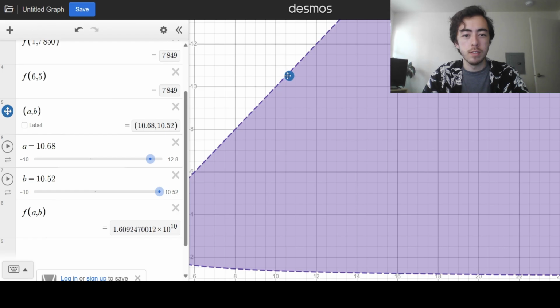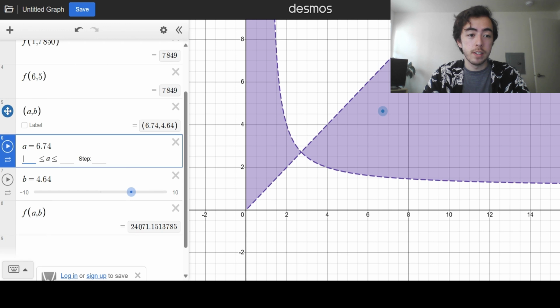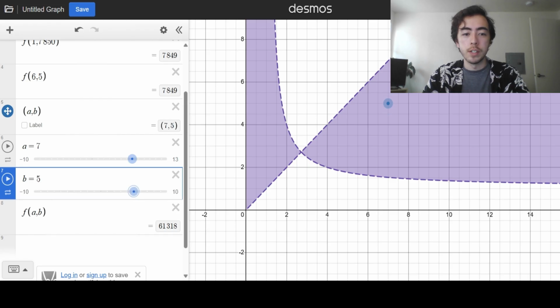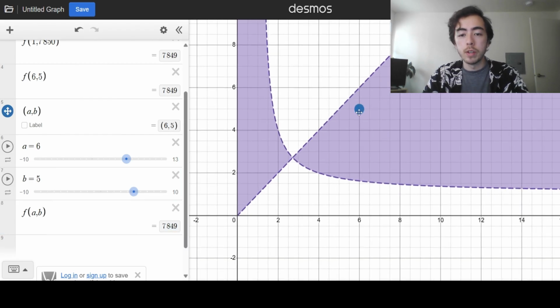Anyways, a and b should be fixed to integers, so I could put this little step to 1 for both a and b. And that just means that as I step between values, I'm jumping by the value 1. And so now I'm fixing myself on the integers. So if we go here, there's that solution that we already found. And so we could do a methodical search the other way, perhaps, just to see what happens as we go down, up.